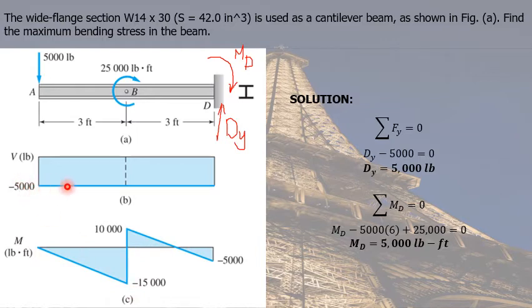Since in shear we have a horizontal line, in moment diagram that becomes a linear graph. So we simply connect these two with a straight line. And at point B, we have an external couple, which is clockwise, so that's positive 25,000. So we add negative 15,000 plus positive 25,000, that is equal to positive 10,000. So from negative 15,000, we go up to 10,000.